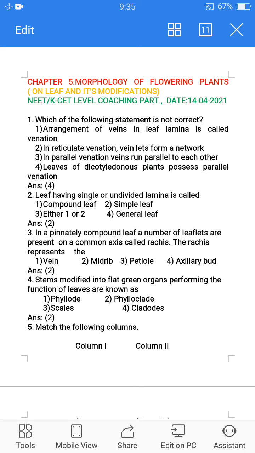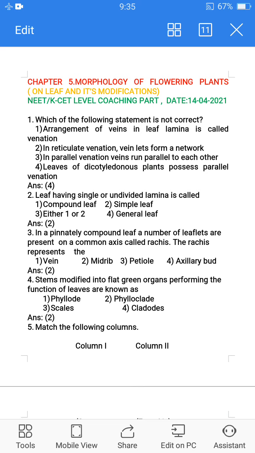Shall we see examples? Okay, now let us see examples. Dicotyledon leaves example, the simple common leaf is hibiscus. And monocotyledon leaves example, the simple common example is rice. Okay, hope you understood the explanation.